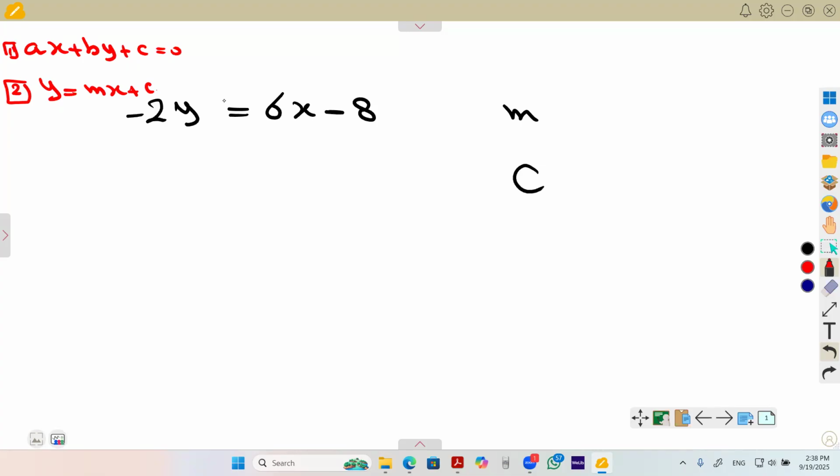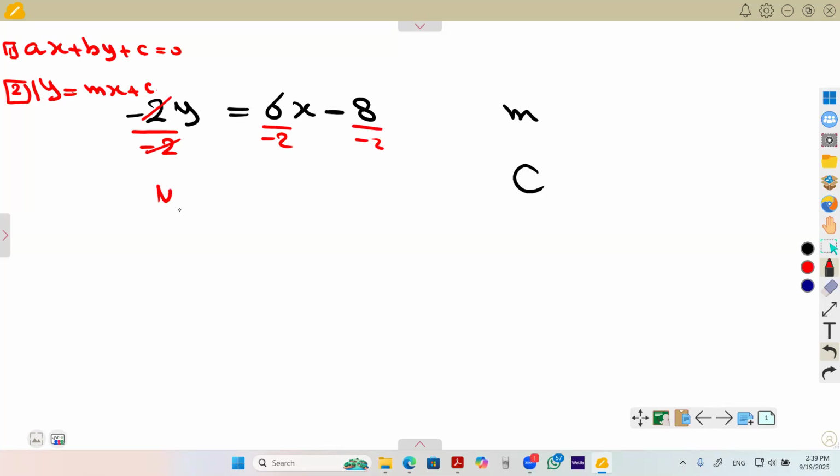The second one, very good. So how can we put it in this form? We have to remove the minus 2 from the y. How can we change the minus 2 into positive 1? You take it to the other side. Good. Or divide all the equation by negative 2, over negative 2, over negative 2, over negative 2.